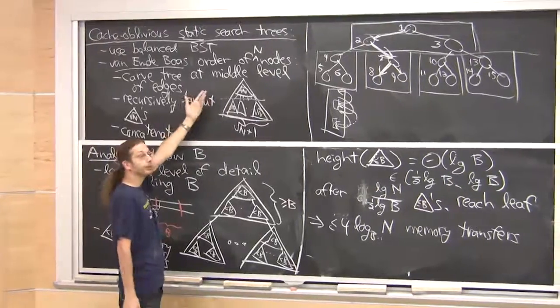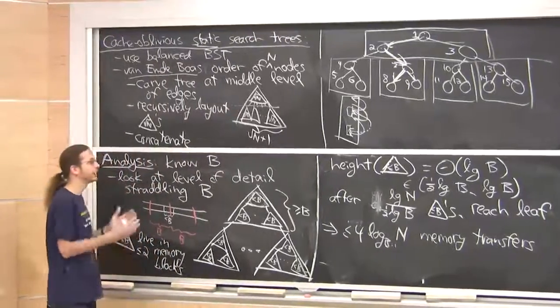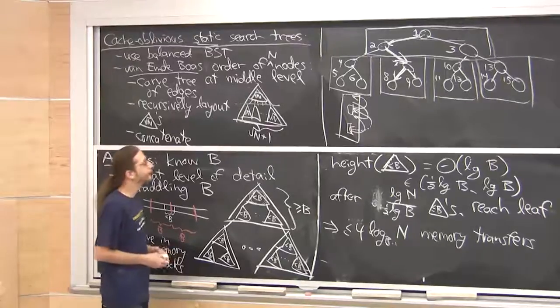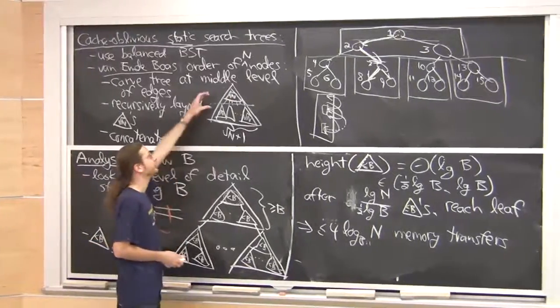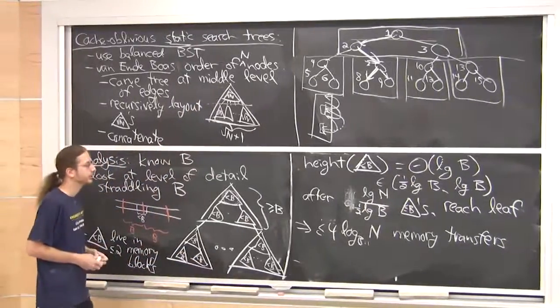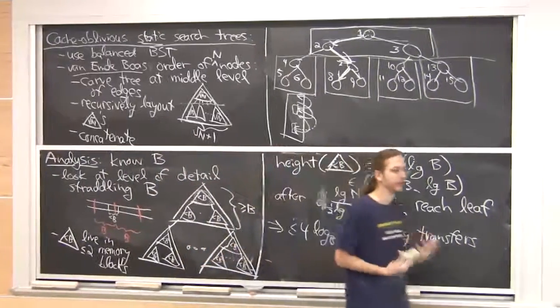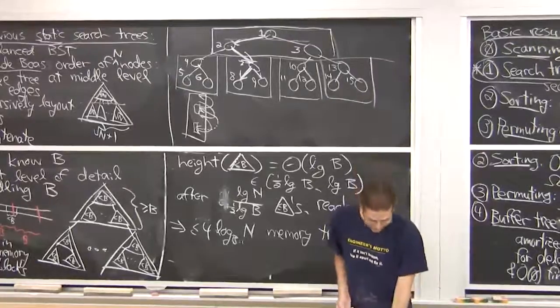But b might be smaller than that, so we keep recursing, keep going down. And because we're dividing in half each time, we're not binary searching on b, we're binary searching on log b, which is the height of a tree with b nodes in it. And that's exactly what we can afford to do, and conveniently it's all we need to do, because to get log base b of n correct, you only need to get log b correct up to a constant factor.